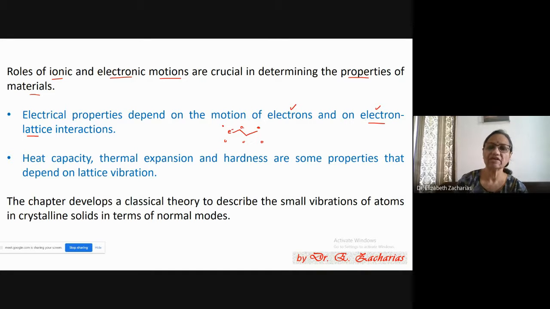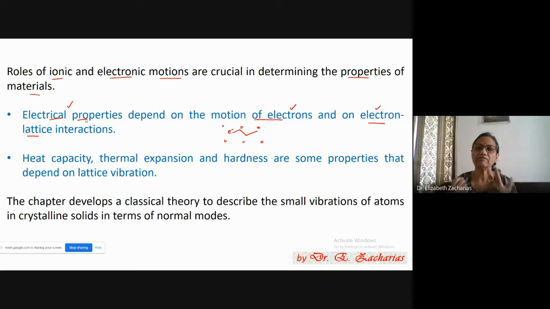Between two collisions with the lattice, they move in a straight line, and after a collision, they change direction. That's called the electron lattice interaction. So the motion of electrons and the electron lattice interactions decide the electrical properties of materials: whether the material is a conductor, what the conductivity is, what the resistivity is.